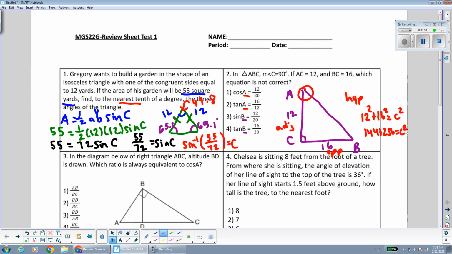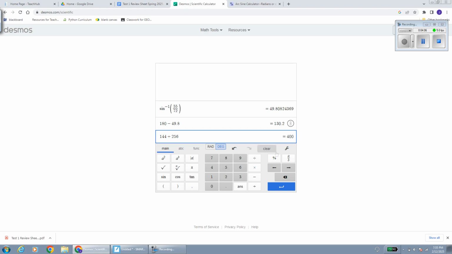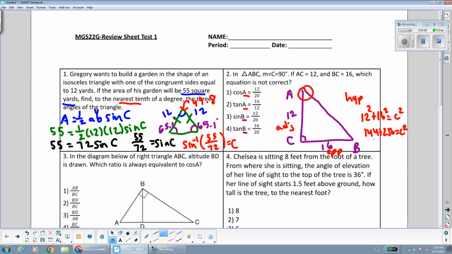Going to go over to my calculator, 144 plus 256. And I see that's 400. And then if you take the square root of 400, you get 20.